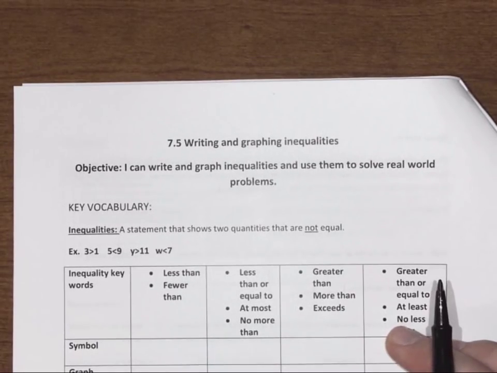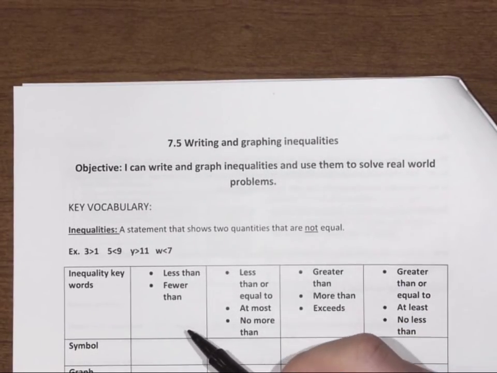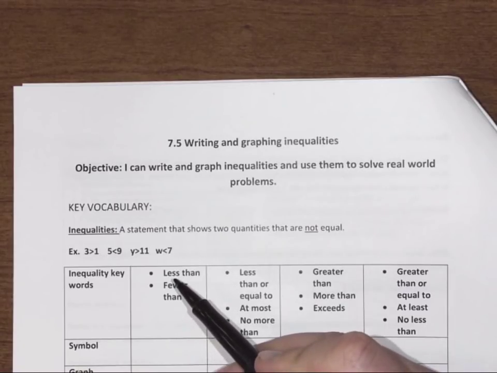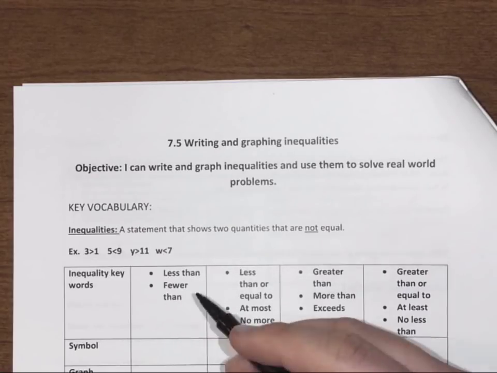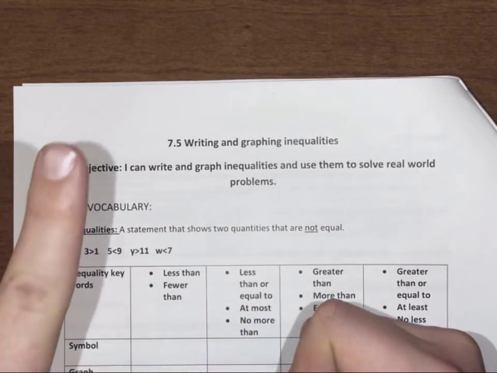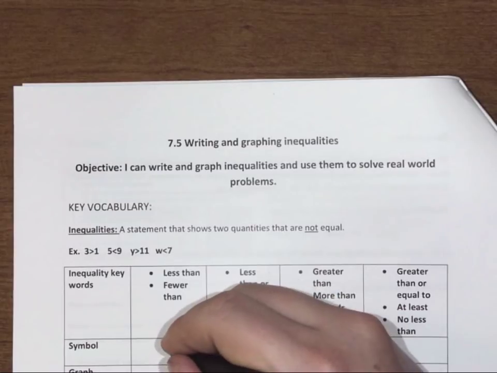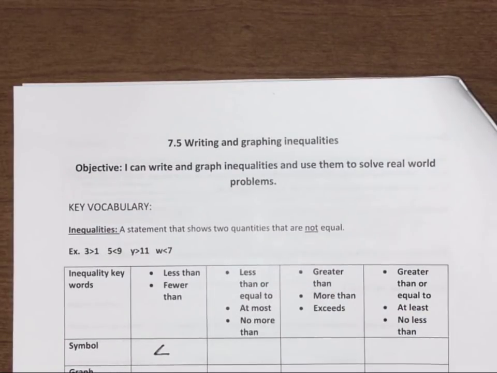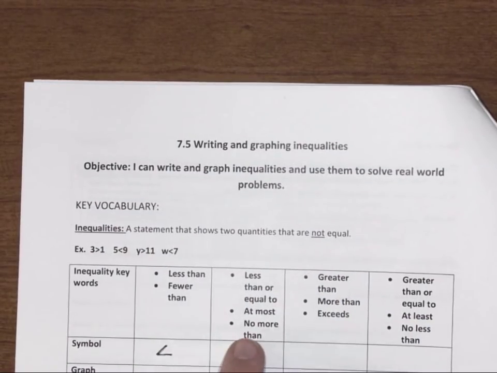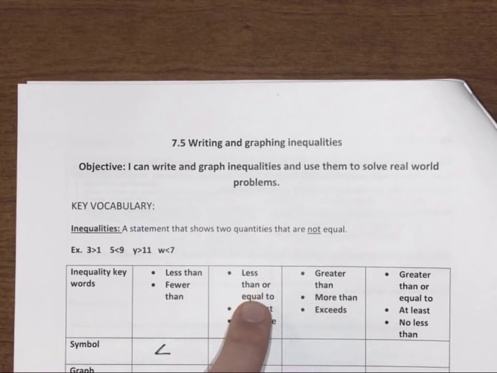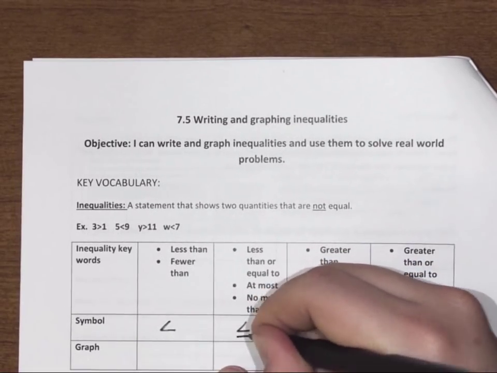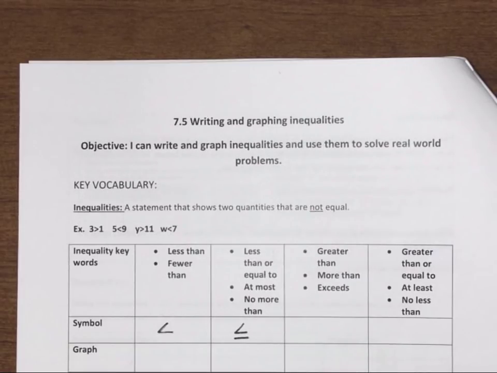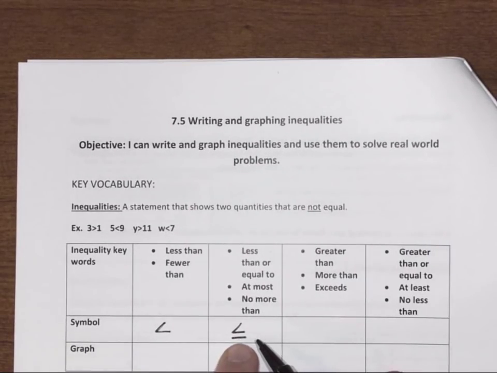So what symbols would we use to represent each of these phrases or words? If we see the words or phrases less than or fewer than, you would use a less than symbol that looks like an L. If I was to see the phrase less than or equal to, at most, or no more than, you would use a less than or equal to sign, meaning that it could be equal to that number or less than that number.